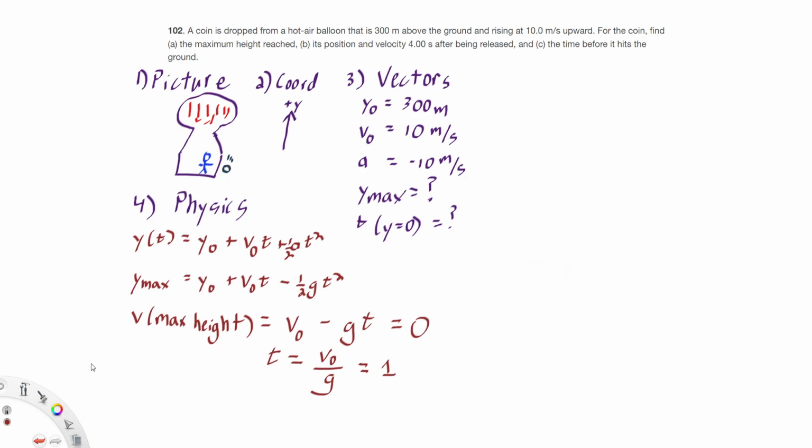And the maximum height that it'll reach, well, now that we know the time, we can go back to our expression for maximum height. Our original height was 300. Our original velocity was 10. We're going to keep that for 1 second. And we're going to be subtracting off the height we lose due to acceleration.